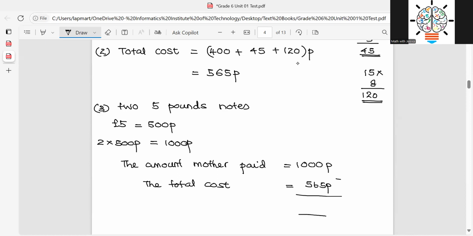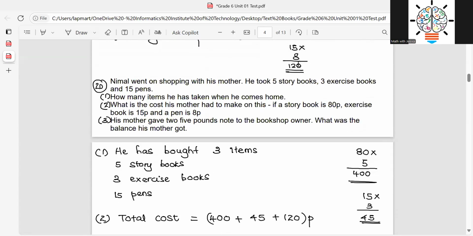So then you want to get the balance. So then the balance will be 435 pence. So that is all about the unit test.